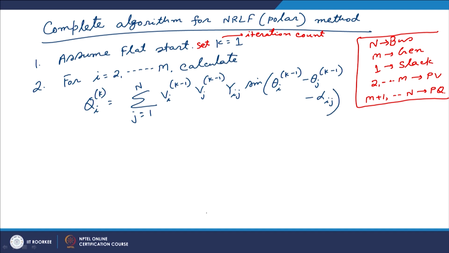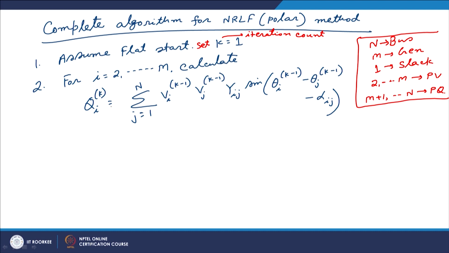So, what we are doing for buses 2 to m is calculating the reactive power generated by these generators, by each of these generators at this present iteration.